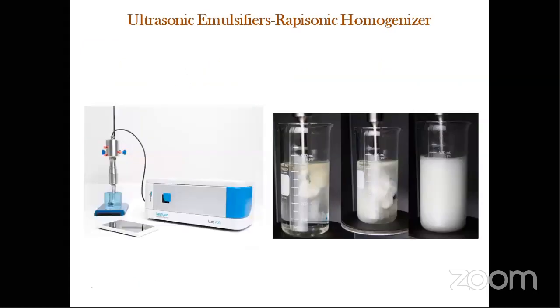Now I come to the instrument pictures. In the first picture, the instrument is the Rapisonic homogenizer. It looks like a pH meter, but it is not a pH meter. The lower vessel contains immiscible liquids, and in the upper portion there is a spindle, which has a high-powered motor. This motor helps to vibrate the spindle.